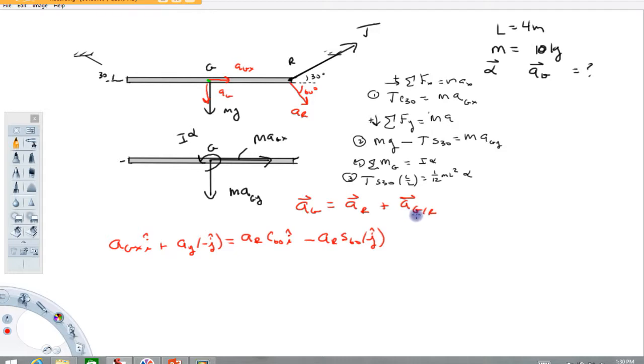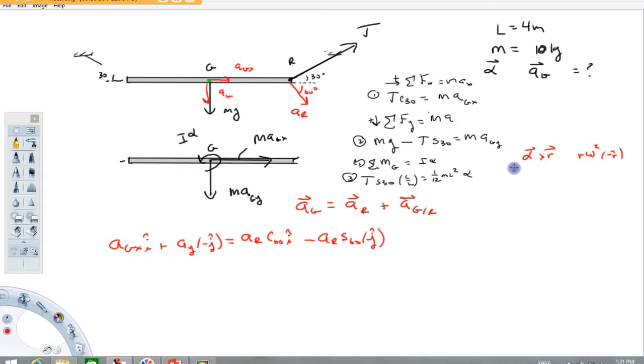Now we'll talk about this guy, the acceleration of G with respect to R. That could conceivably have two terms: alpha cross r terms, and omega squared r terms in the minus r hat direction, centripetal and tangential accelerations. At the instant shown, this bar is not rotating yet, so we're not going to have a centripetal term.